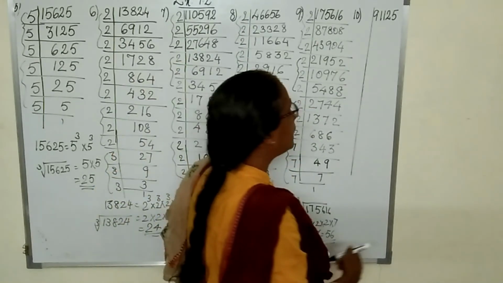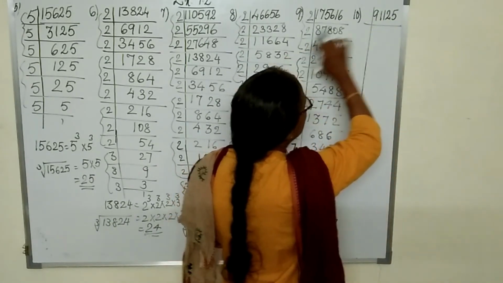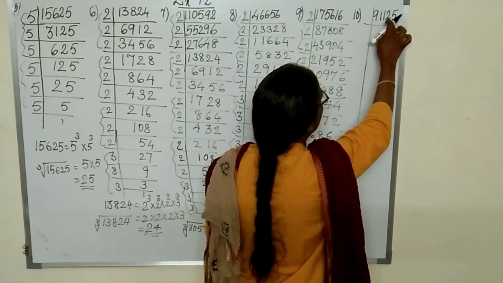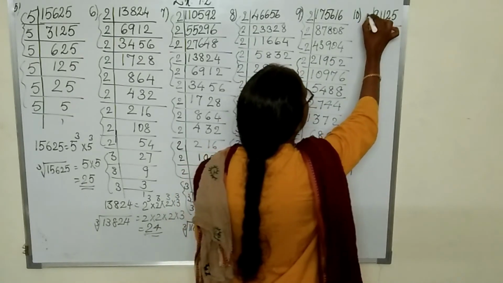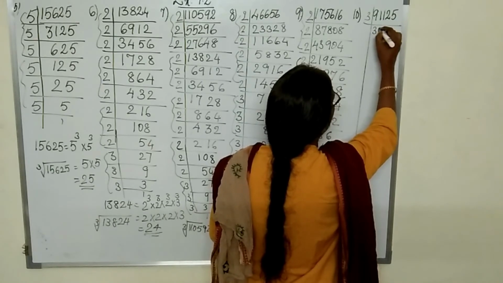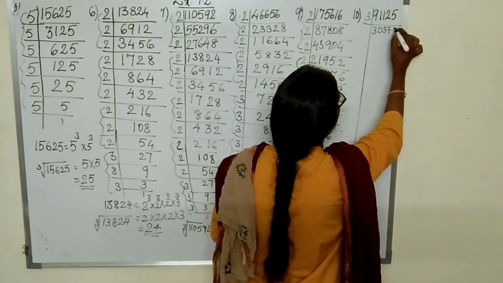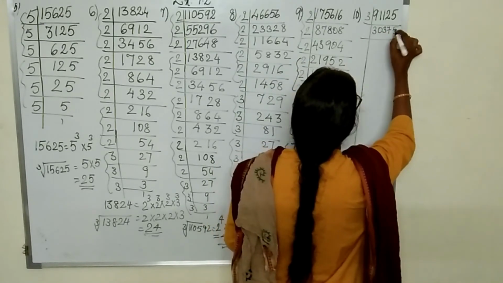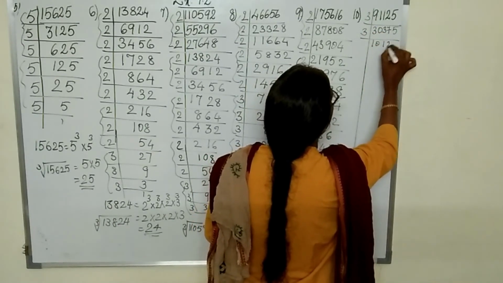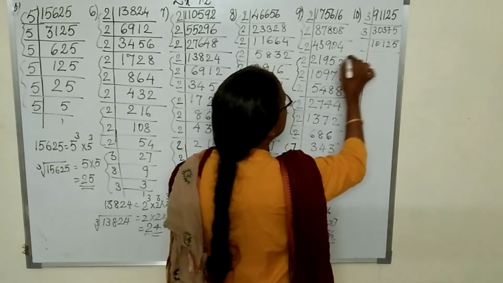And the last question in that type is again here. Check it. Not divisible by 2. Let us try with 3. 9, 10, 11, 12, 13 plus 5, 18. So divisible by 3. 3 3s are 9. So here 0. 3 3s are 9. 2 left. 7s are 21 and 5. Again it is divisible by 3. So 10, 1, 2, 5. 5 plus 2, 7 plus 1, 8 plus 1, 9.